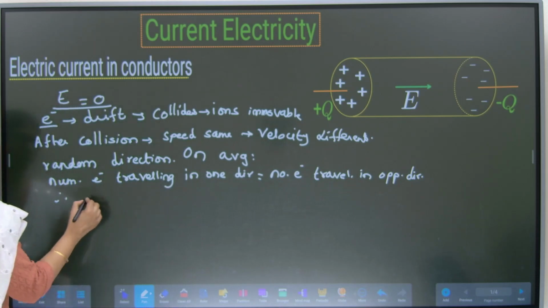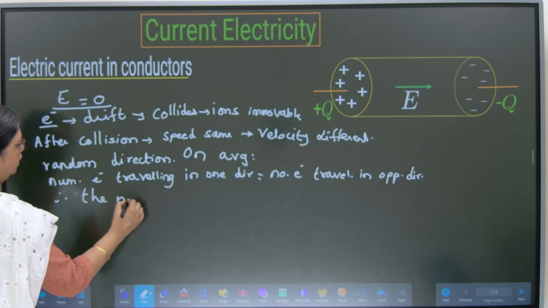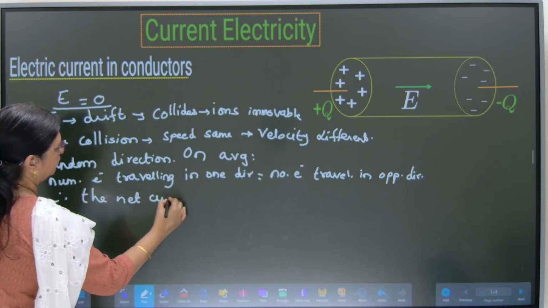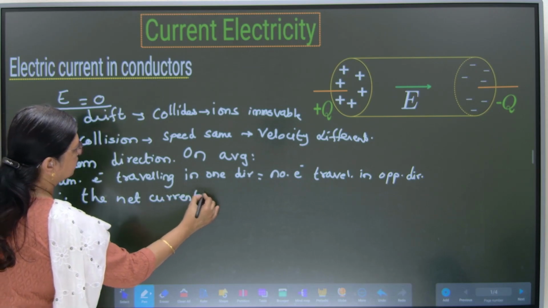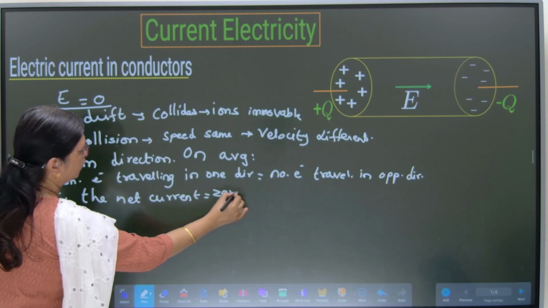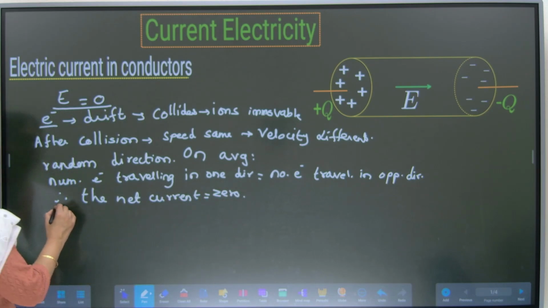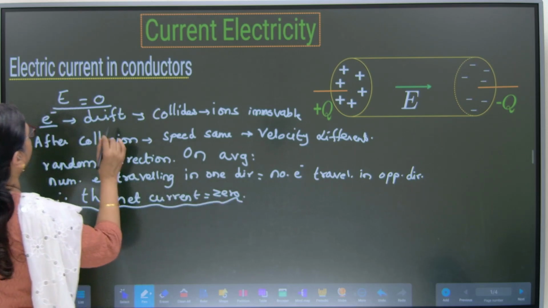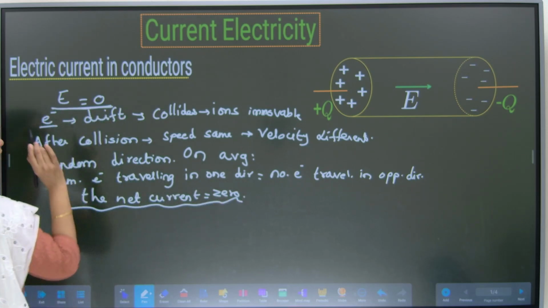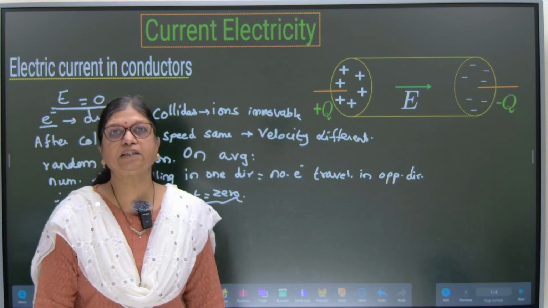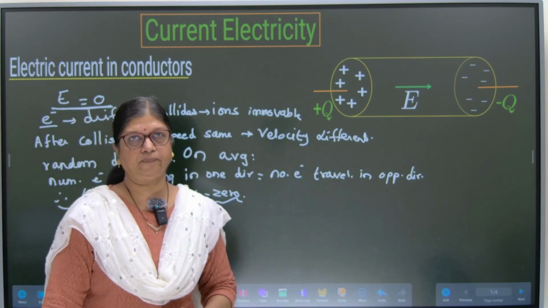Therefore, the net current is equal to 0. This happens when the electric field is 0 in the conductor.